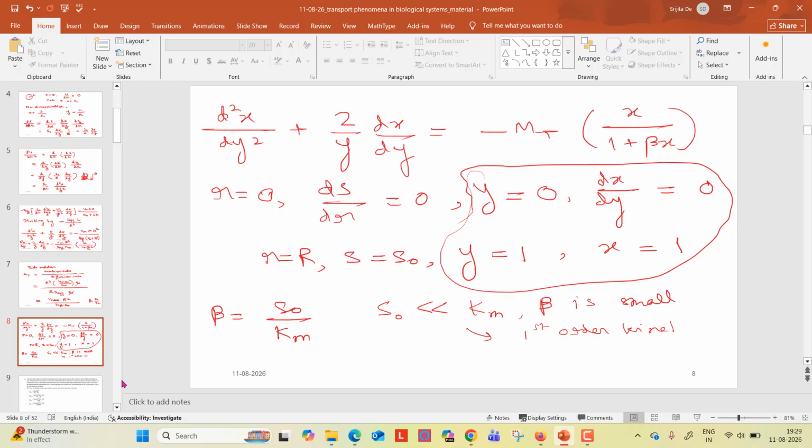That means the enzyme is following first order kinetics. And if S0 is larger than Km, then beta value is large. Then we'll consider it as zero order kinetics, where the zero order enzymatic equation is followed.